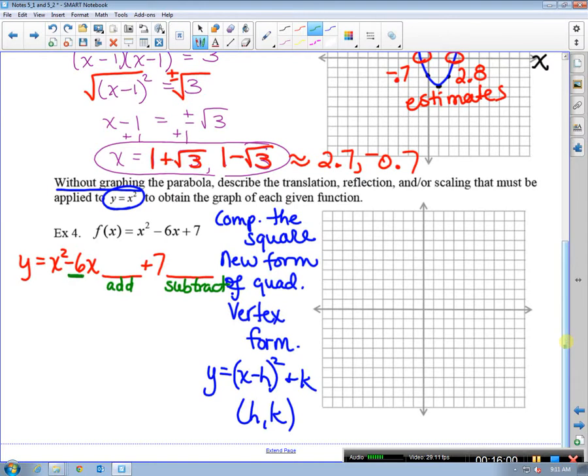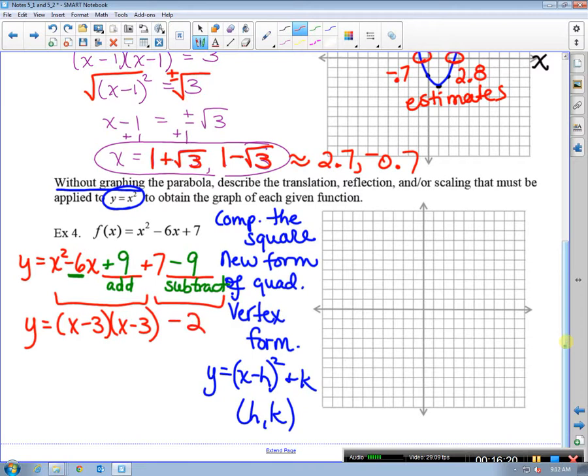Half of negative 6 is negative 3, squared is plus 9, so I add 9 and I subtract 9. Now watch what happens. This is a perfect square trinomial, so I factor it, x minus 3, x minus 3, and this is just a number, minus 2.